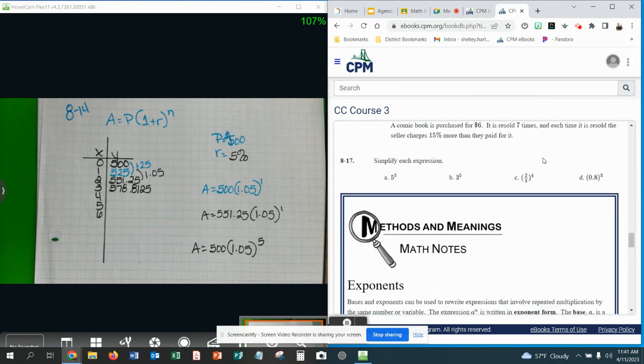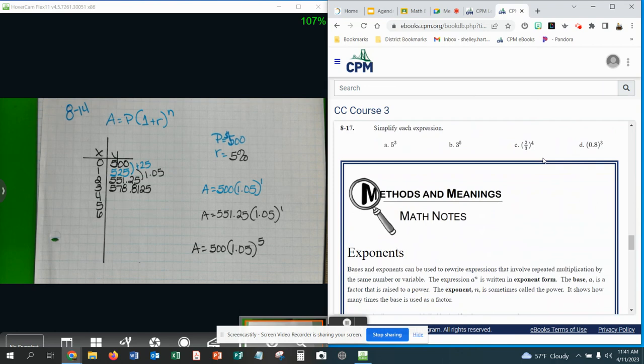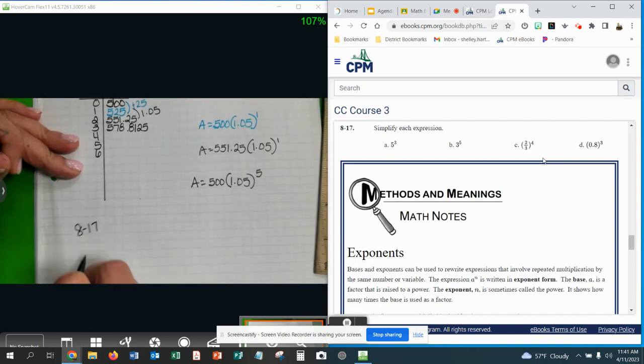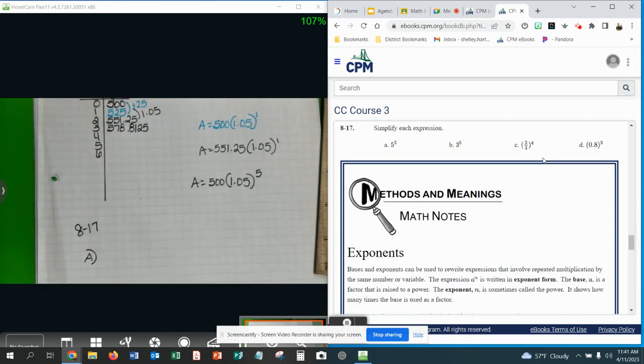I do want to talk about a couple of exponents real quick on 8-17. So remember that 5 to the third power also is 5 times 5 times 5.